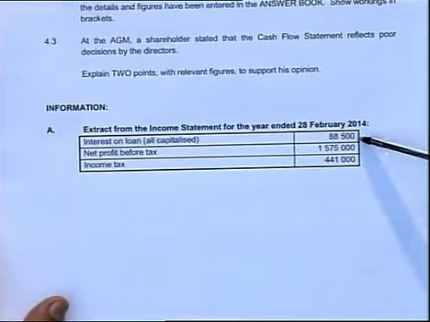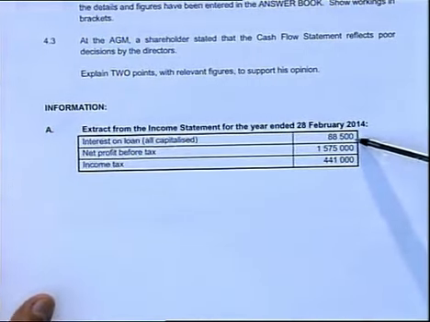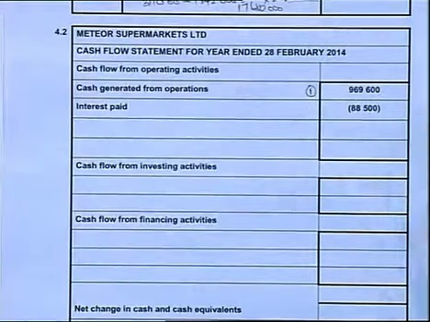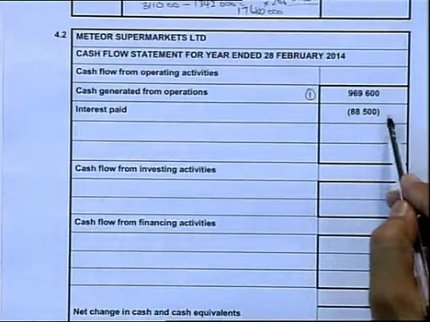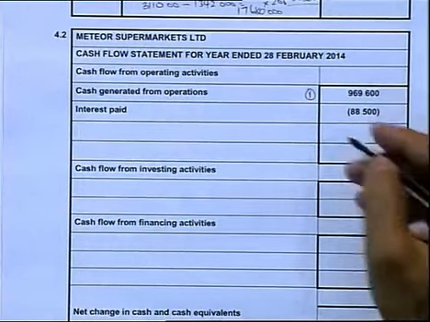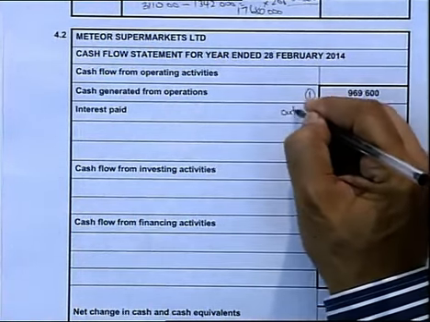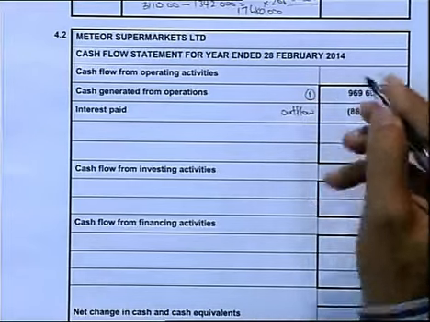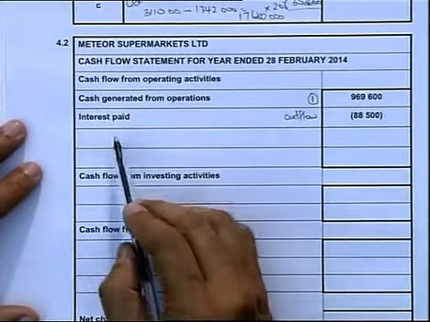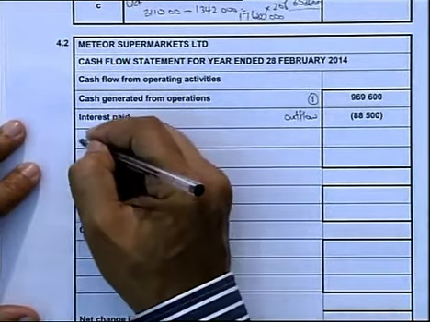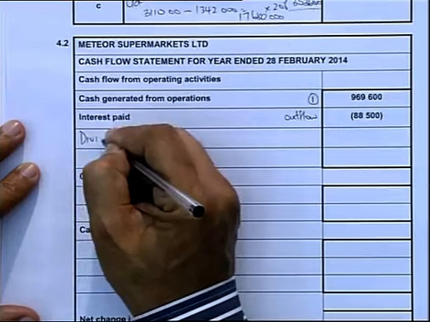There we have the interest, the 88,500, and that is where that particular item is coming from. Please take note that if it says interest paid, you have to show it with brackets indicating it's an outflow. That's very important, learners. Right. Then there's two blank lines. The first one we're going to have is going to be dividends paid.